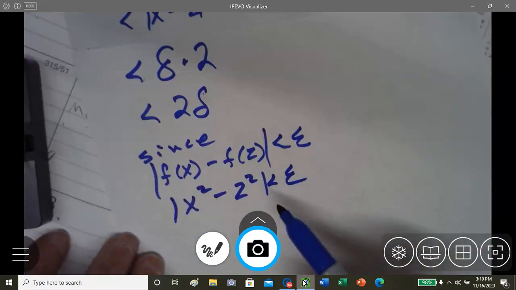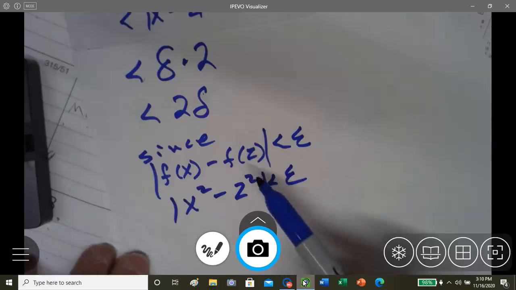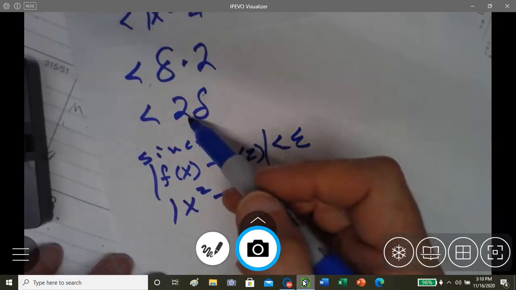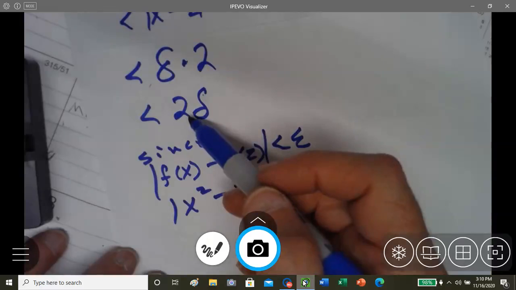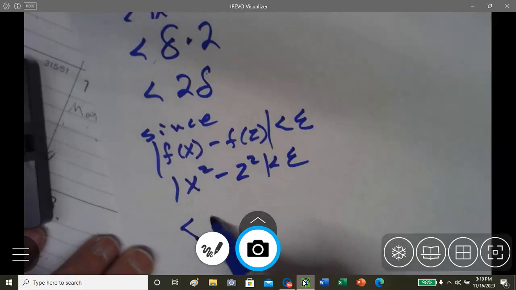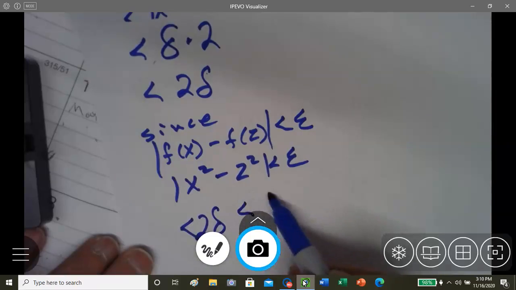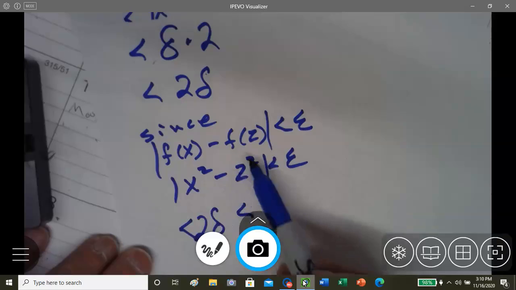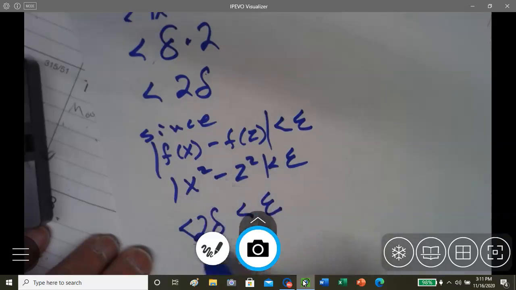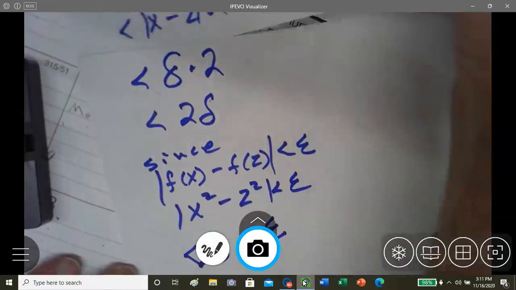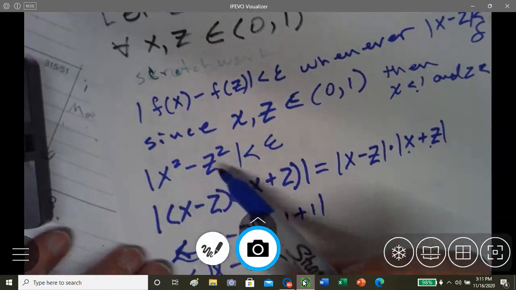And so that means that this 2 delta would be less than epsilon, because this is equivalent to x squared minus z squared, because that's what we got here.